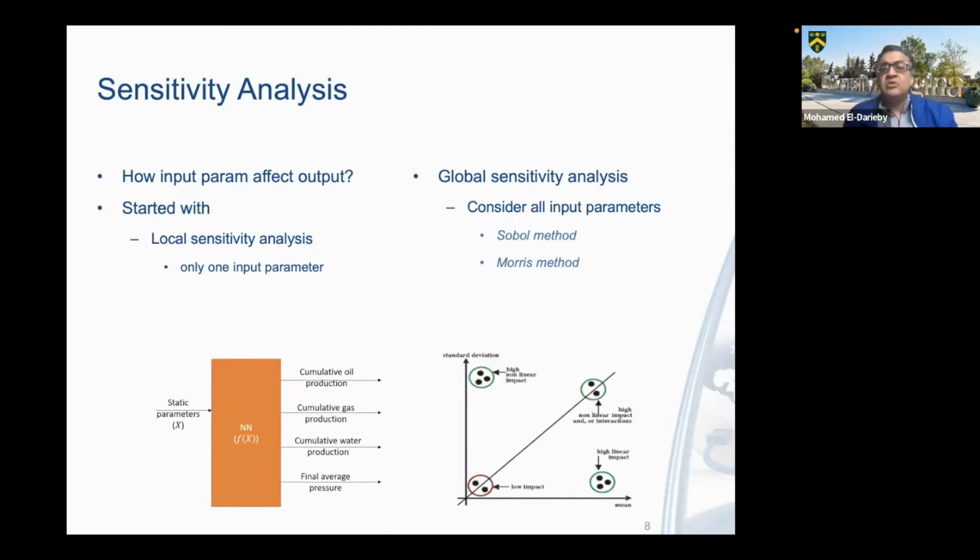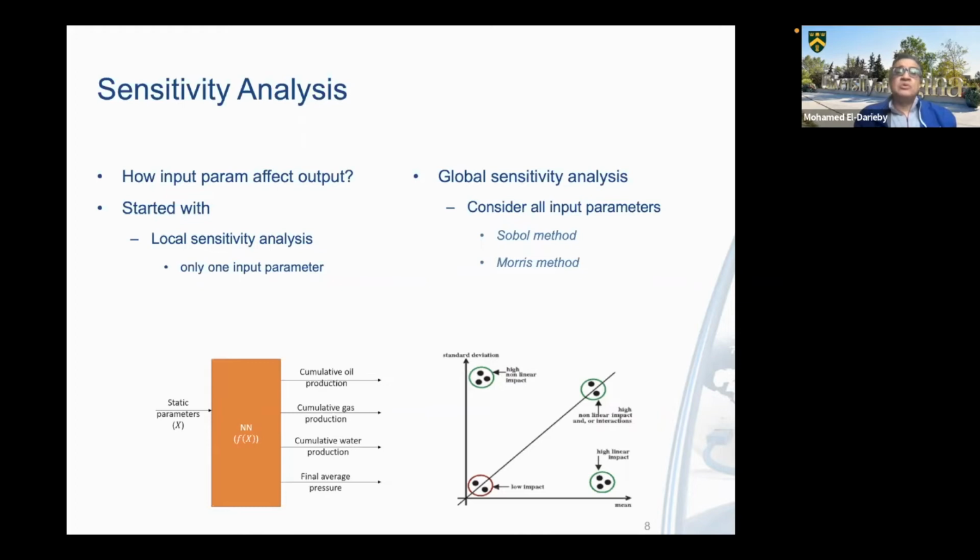Then we moved on to analyze how we can use the neural network to study the effect of the different input parameters on the output. For that, we carried out sensitivity analysis experiments, using the two main methods, local and global. The local, as maybe most of you know already, considers the effect of only one input parameter on the different outputs, as we can see in the figure to the left.